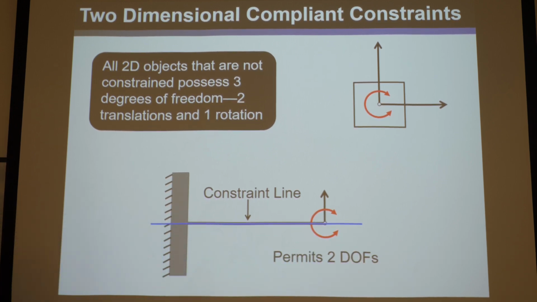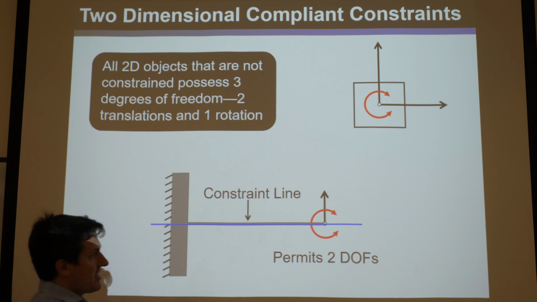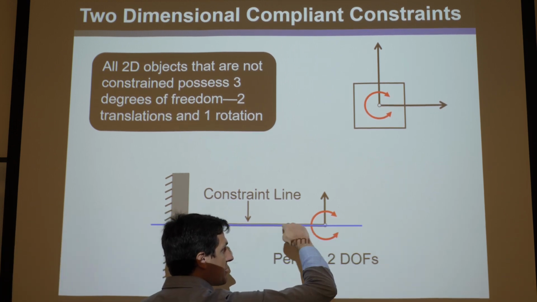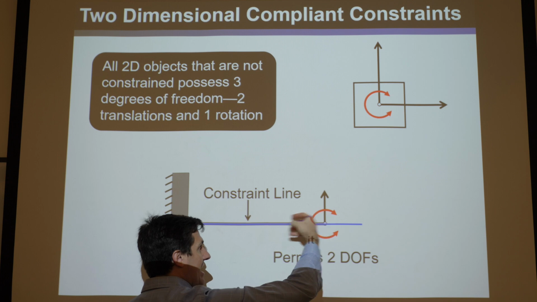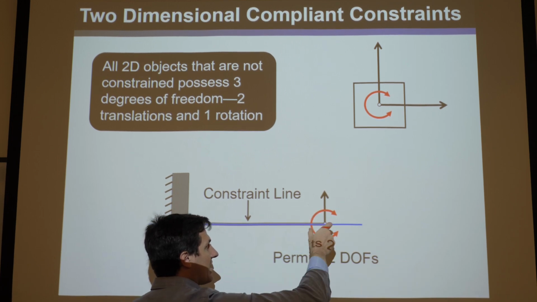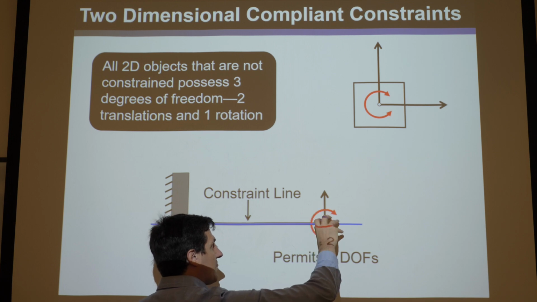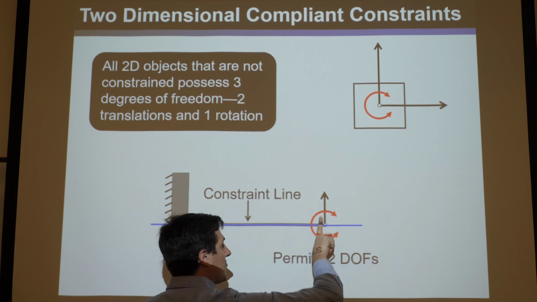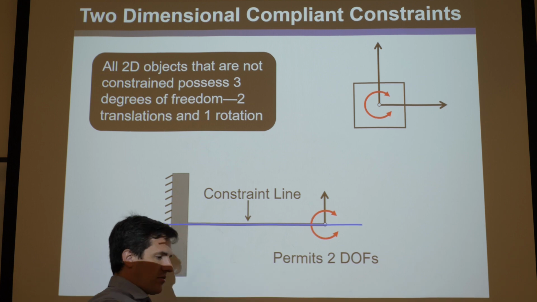We're going to take gray out of reality and make it black and white. In other words, we're going to say this is infinitely stiff along this direction, both tension and compression. We don't allow this to buckle, and we don't allow it to stretch. It can't move, but it's infinitely compliant in perpendicular directions and in the bending rotation.